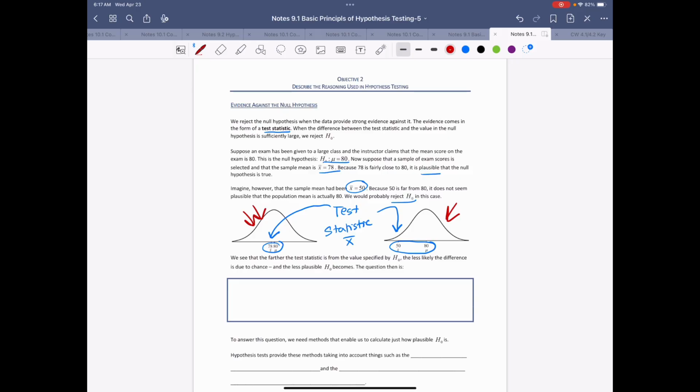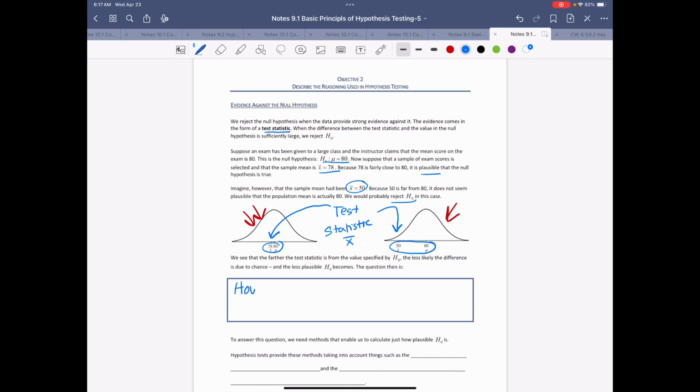But here's what gets tricky. We can see that the further the test statistic is from the value specified from H0, the less likely the difference is due to chance and the less plausible H0 becomes. The problem becomes, it's easy when it's a big difference because you can tell. It's very easy. But the problem becomes, what if there's a little difference? And here's what we're going to say.